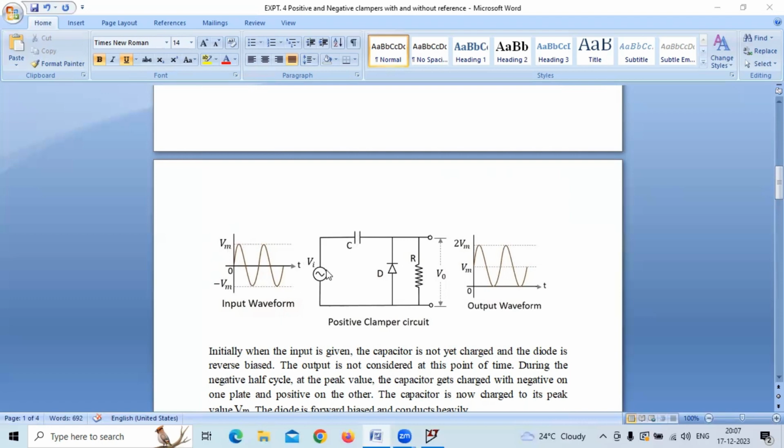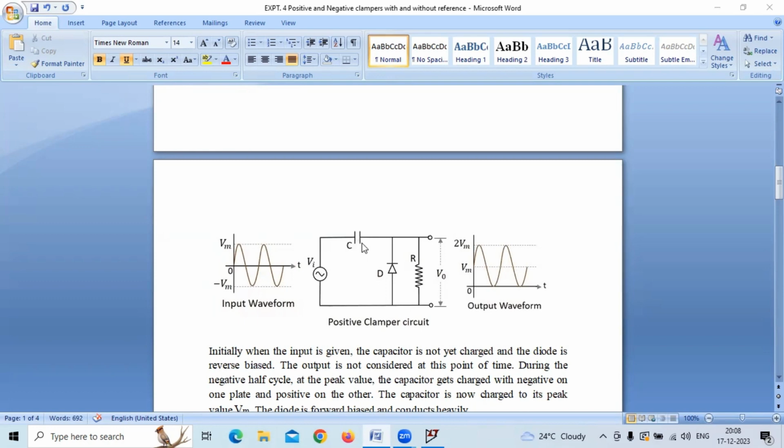When the next half cycle, the positive half cycle, comes, again this terminal here becomes positive and this one becomes negative. So the diode is reverse biased. When the diode is reverse biased, it is open circuited and output appears across the load resistance. In this case, output V0 is equal to the voltage we applied at the input plus the discharged voltage from the capacitor.